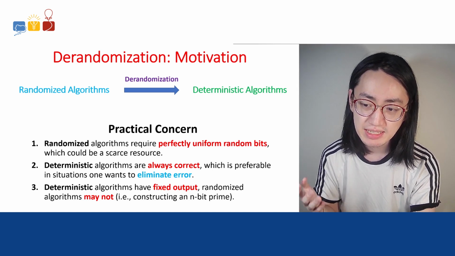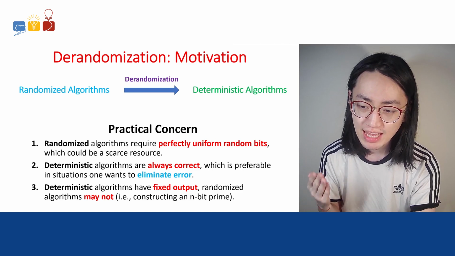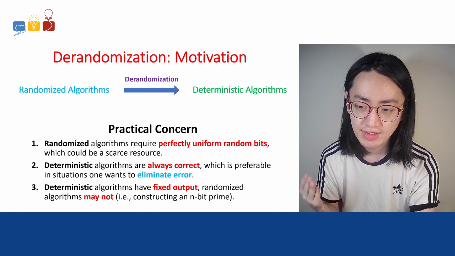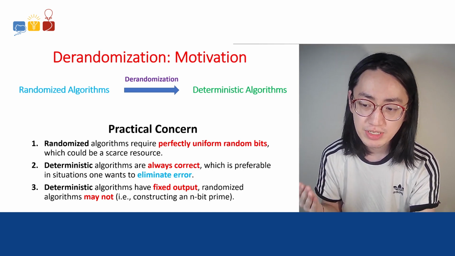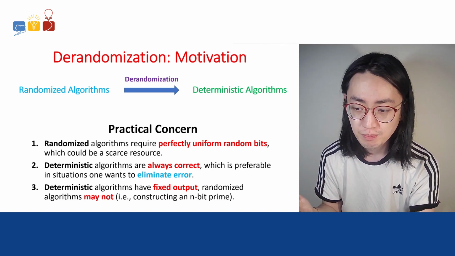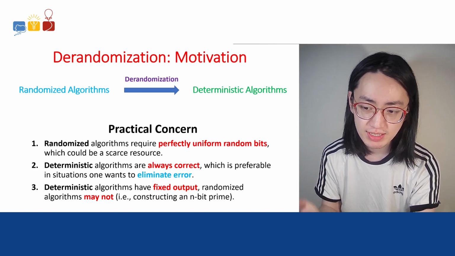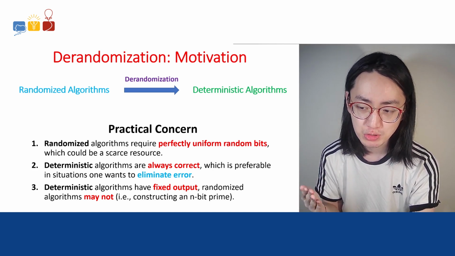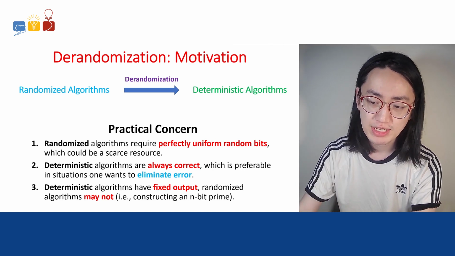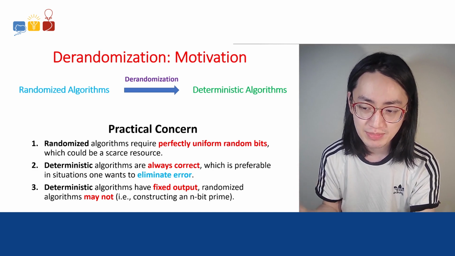Finally, since deterministic algorithms do not involve randomness, they would always have a fixed output on a given input, while randomized algorithms may give different outputs when run by different people. This lack of reproducibility may be a serious issue in certain situations. For example, recall the randomized algorithm for generating n-bit primes before.